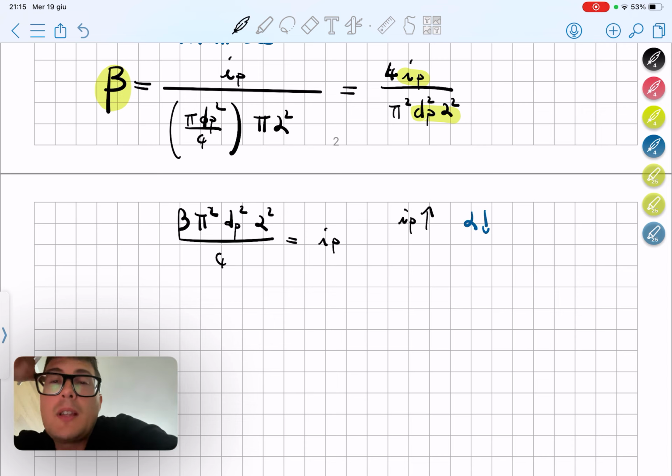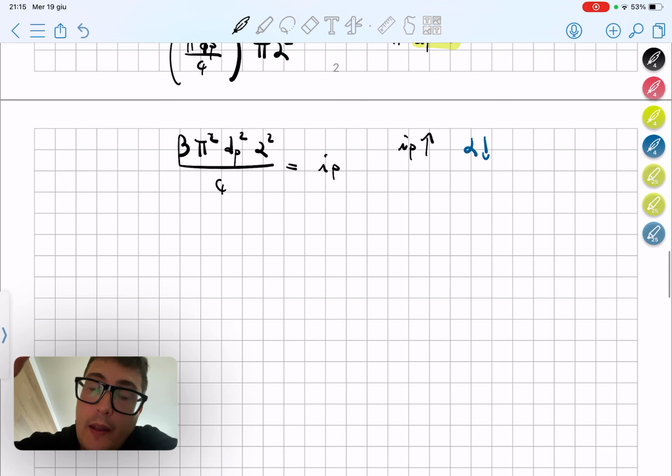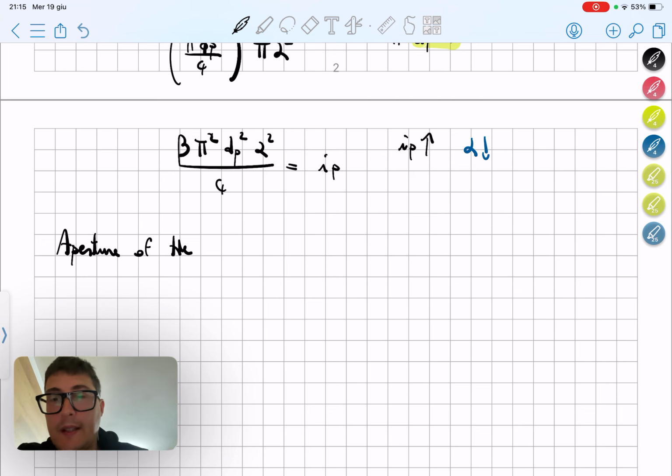But let's go back to what a microscopist can do. A microscopist can essentially modify three things. Let's go from the bottom. The first thing that it can modify is the aperture of the objective lenses.